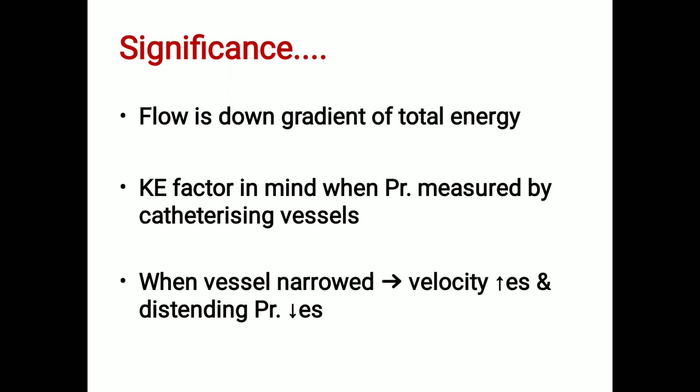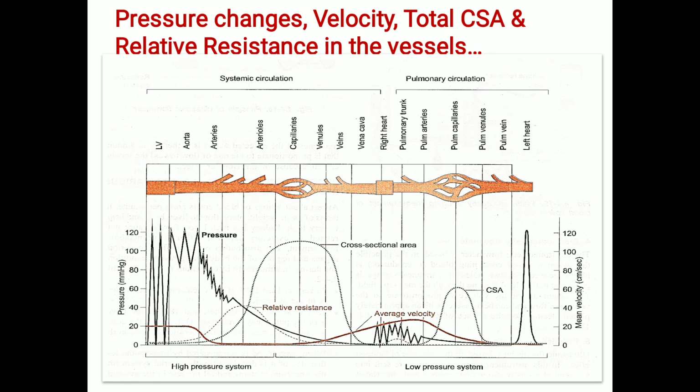Keep kinetic energy in mind when the pressure is measured by catheterizing the vessels. When the vessel is narrowed, the velocity of blood flow increases and the pressure decreases. So distending pressure decreases.